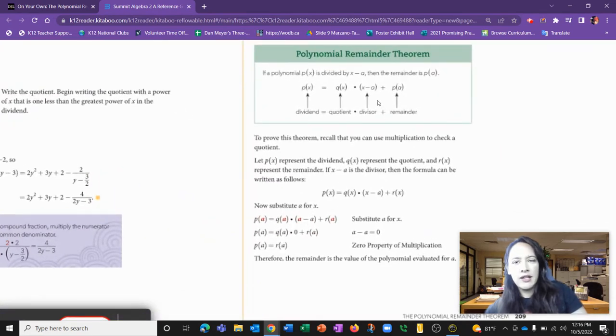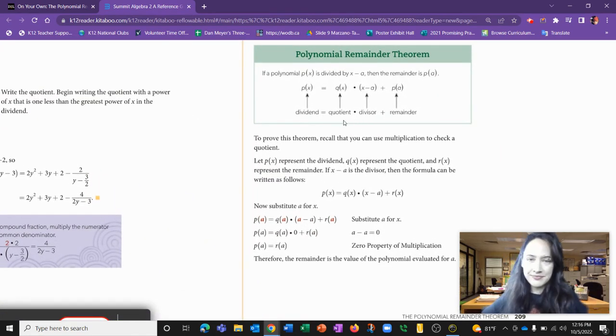Okay, the theorem, and hopefully there it goes. The theorem is just stating that if you have a polynomial, the dividend, and you're dividing it by x minus a, the divisor, and then you get the quotient plus the remainder, that is actually what the original dividend, the original function, would be equal to if you substituted a, that would be a real number, not a letter, back into the original function.